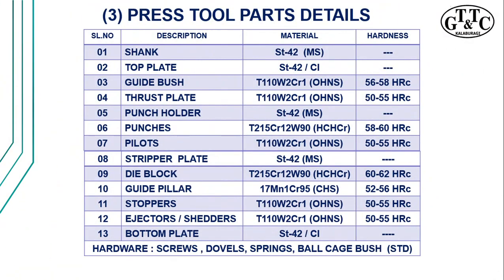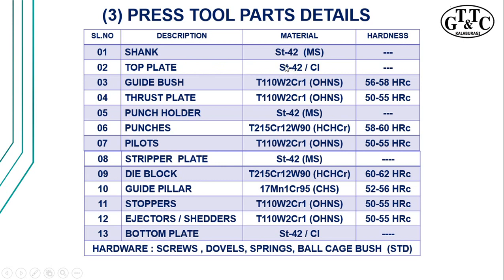Speaking about the selection of the right material, here I would like you to look at this chart on the screen. You can see all the parts placed with a description, the right material and the hardness required. You can see a shank with ST42 MS and then a top plate with an MS or a CI.